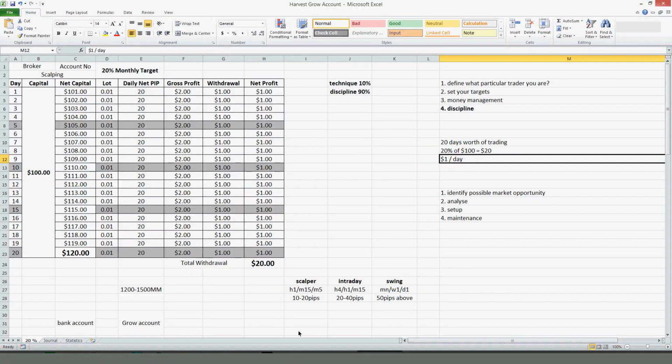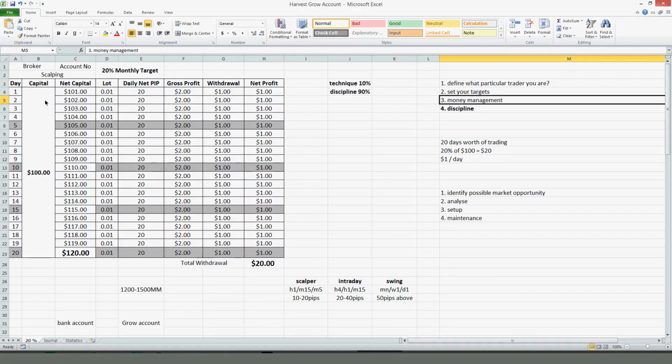So let's go back to the daily target. Now we have already set our money management and our plan, our daily targets. Obviously the most important thing in trading is discipline, because you need to discipline yourself in terms of what you're trying to achieve.